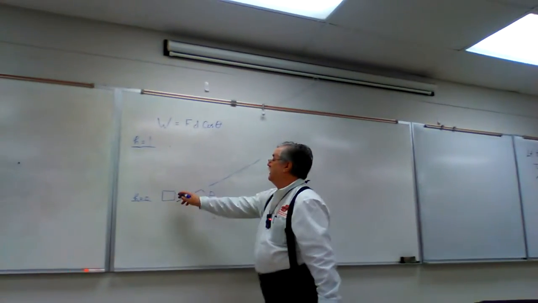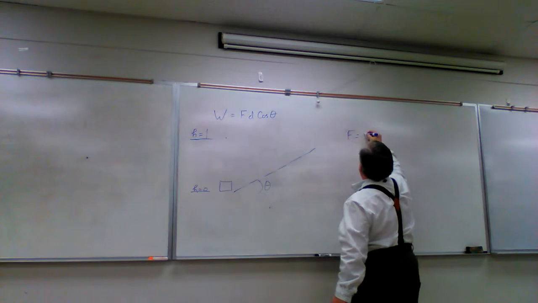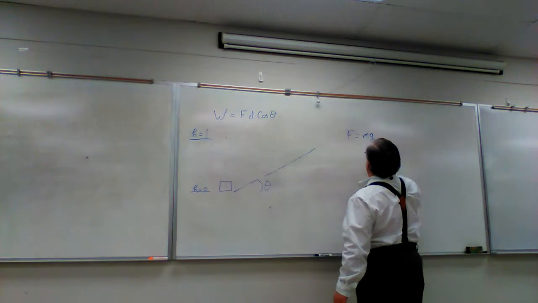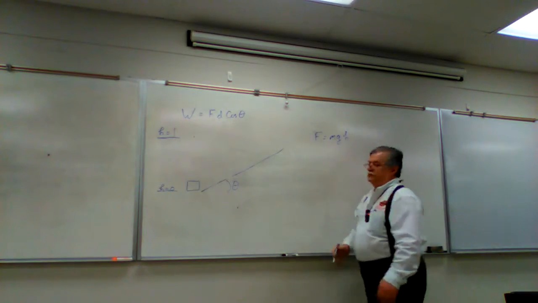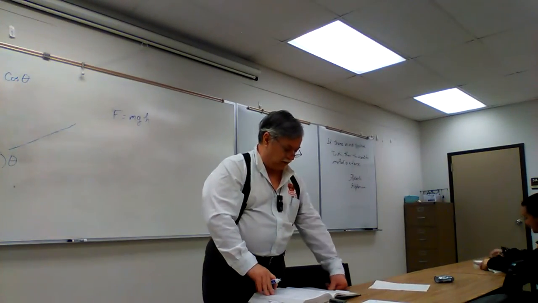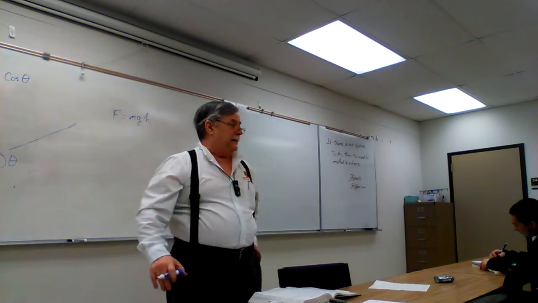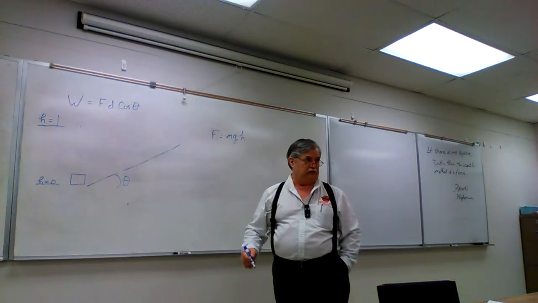the work done against gravity is the mass of the box. The force is mass times gravity, and the distance is the change in height. So that's where we're going. Then they say that's the work done by you lifting it up that distance.